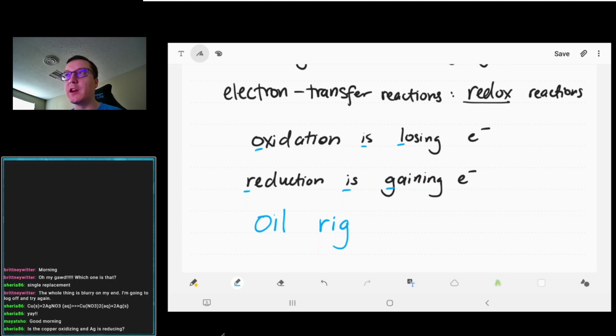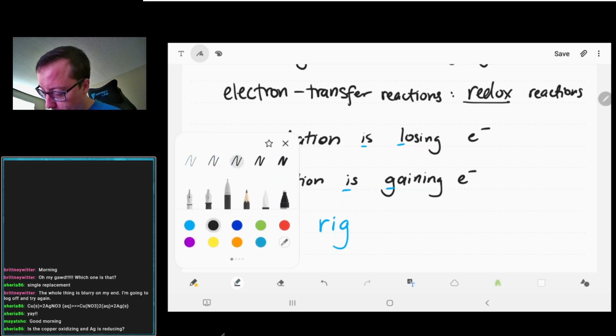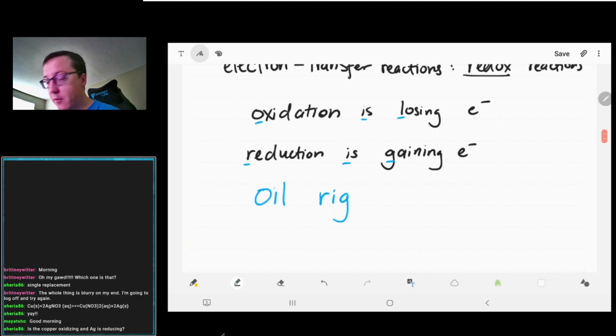So that's how we're going to remember these. The word redox is a portmanteau, a combination of reduction and oxidation. So that's one way you can remember which one is which.